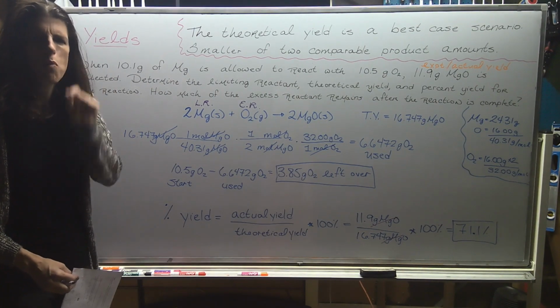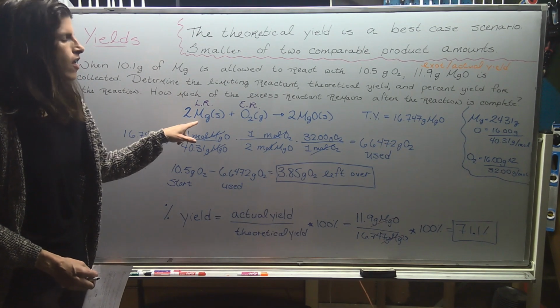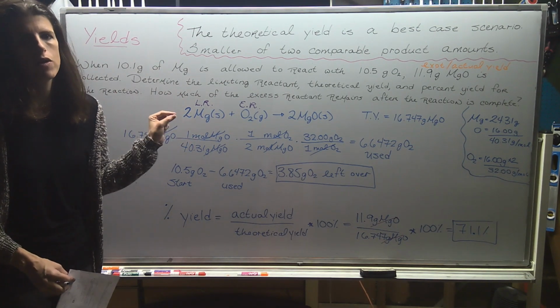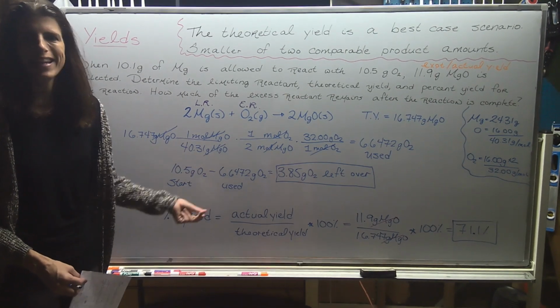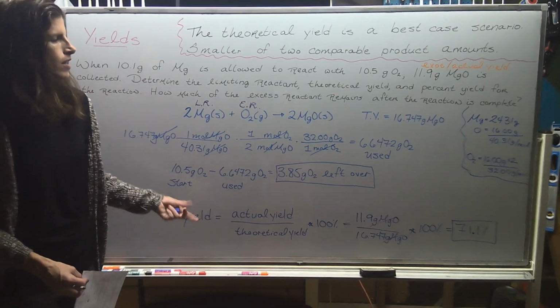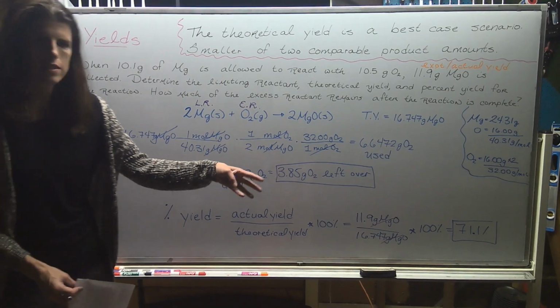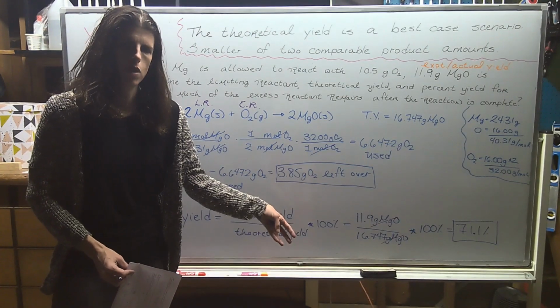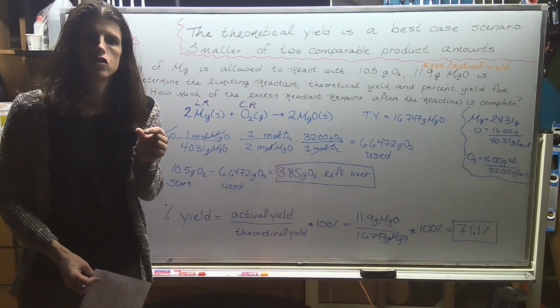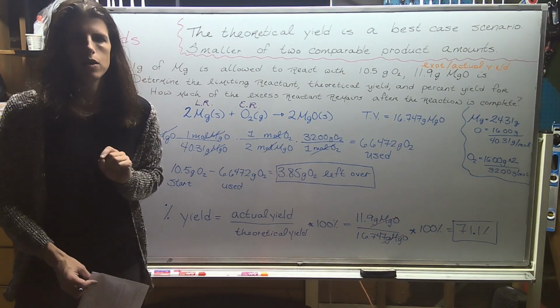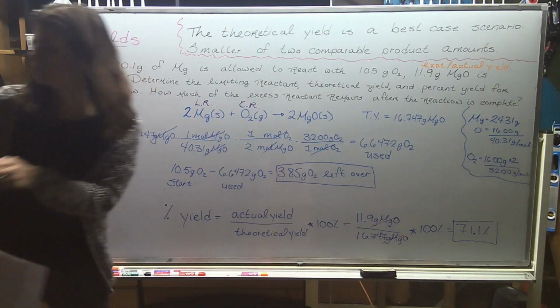You had to have some way of holding that solid magnesium in the hottest part of the flame. So that part, try as you might, never got burnt, right? And so to me, that explains a lot of that 71.1% yield. Maybe about 30% of the metal or so is the piece that we're holding on to.